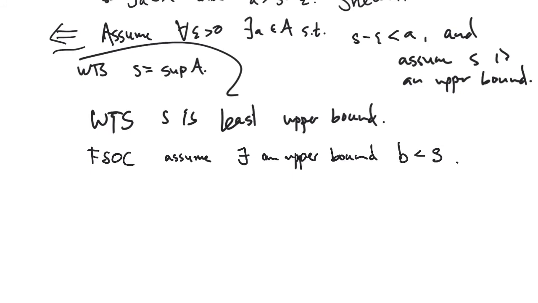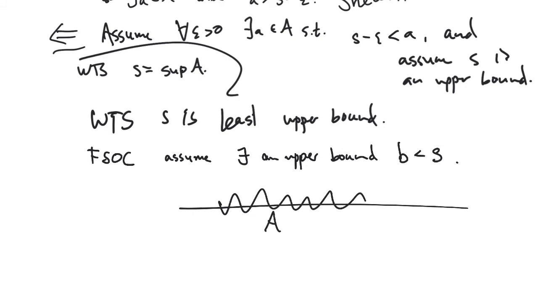On a picture, what we're talking about is here's my set, A. Somehow S is here, but B is less. And they're both upper bounds, all right? I want to somehow get a contradiction with this stuff in the box here. We have to somehow contradict with these symbols.